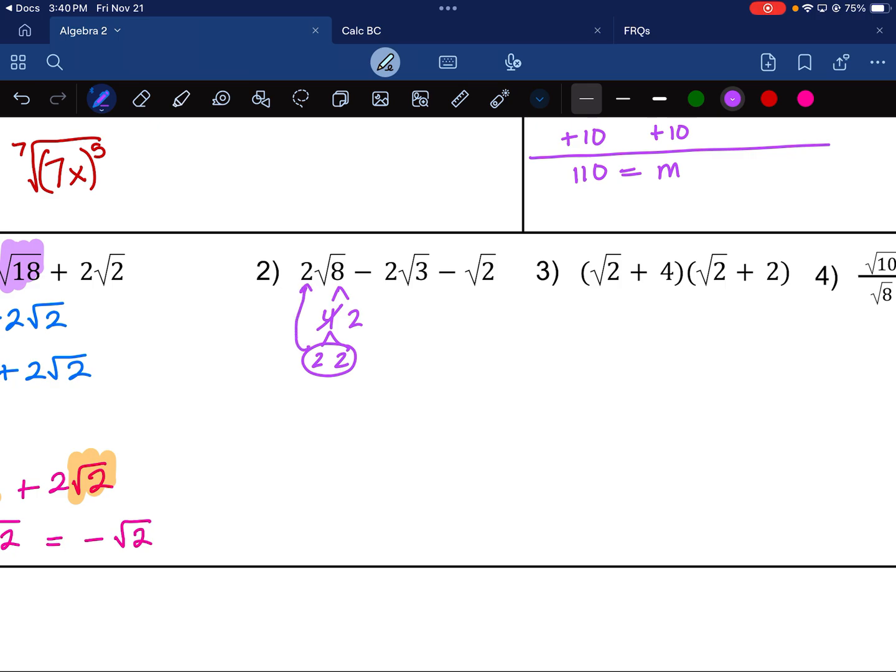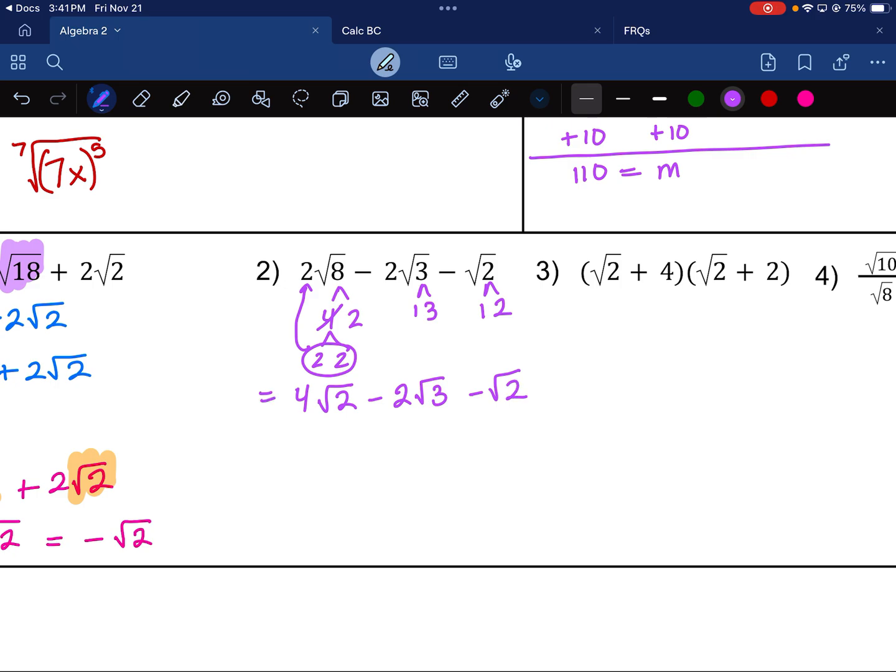They're going to come out and multiply to that 2. So now 2 times 2 is a 4. This 2 didn't have any pairs, so it stays inside the radical. This radical 3 is 1 times 3, no pairs there, so we're just going to bring it down. This radical 2, that's 1 times 2, no pairs there, so bring that down.